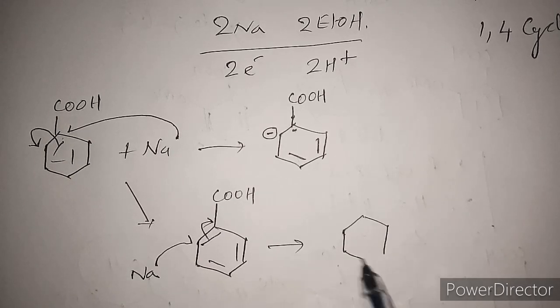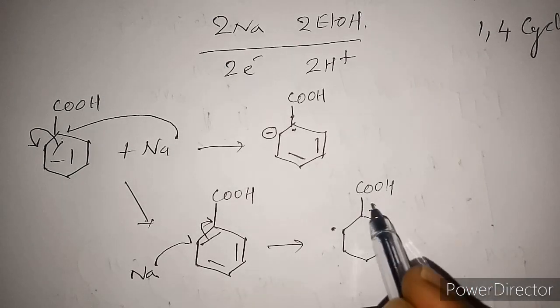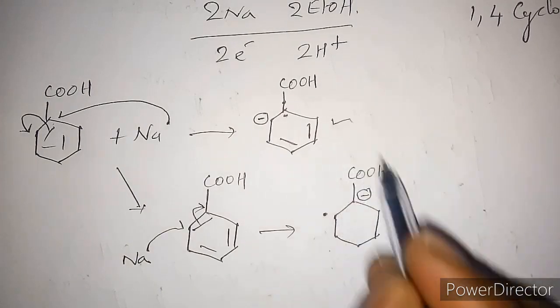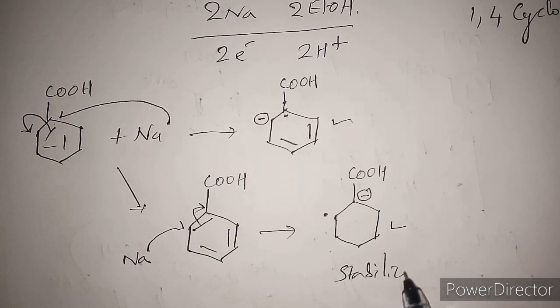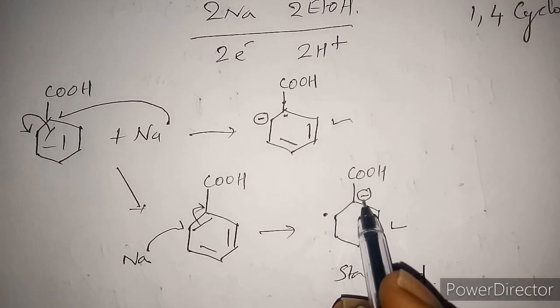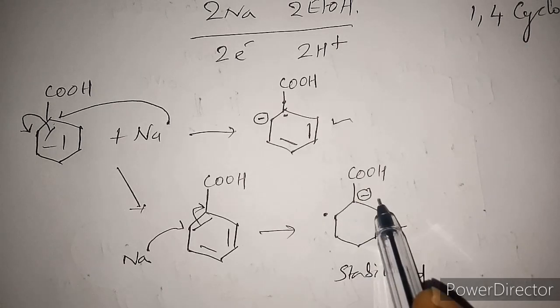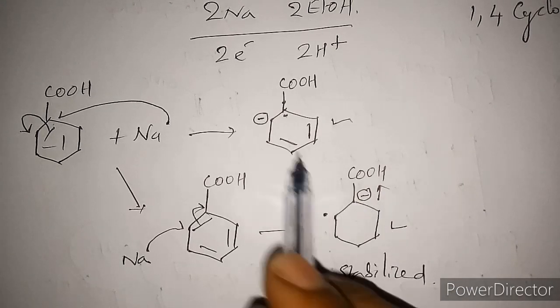Now we will get a radical here, and a negative charge on the ipso carbon atom. Now whether this is stable or this is stable. This one is more stabilized because the negative charge will be withdrawn by the COOH group because it contains oxygen. Once it withdraws, it lowers the negative charge and is more stabilized.